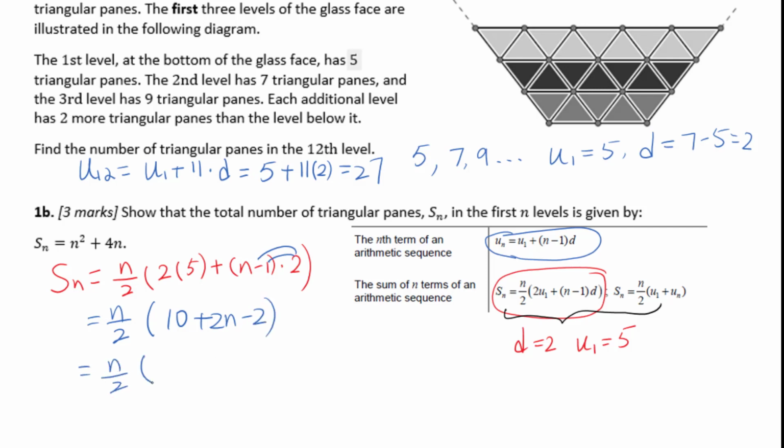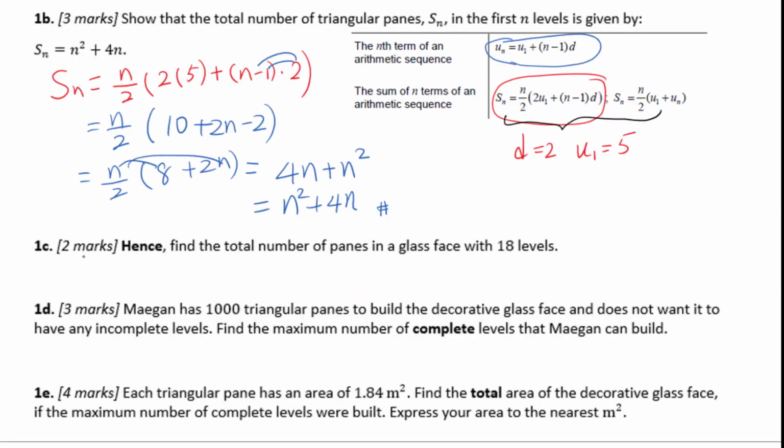Combine like terms, we get 8 plus 2n. Then distributive property, 4n plus n squared equals n squared plus 4n. We finish this proving. Let's go to 1c.